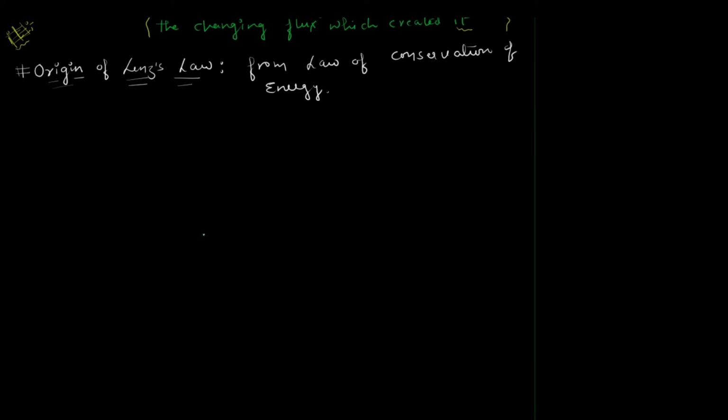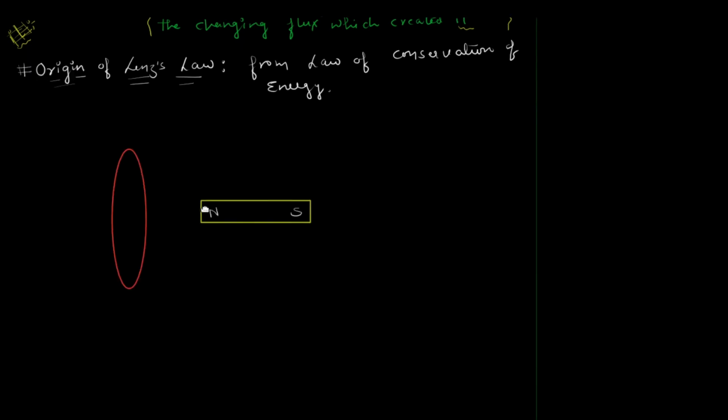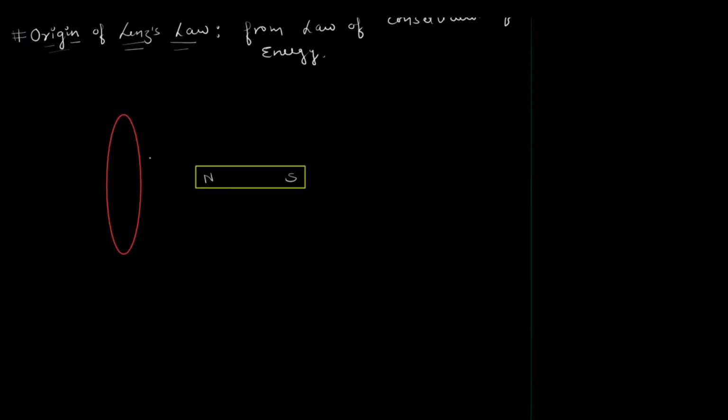One of the examples I took in the previous case was this. Let's say you have a conducting loop which has no current in it right now. We have a rod whose north pole is facing the ring and it is given some velocity v.